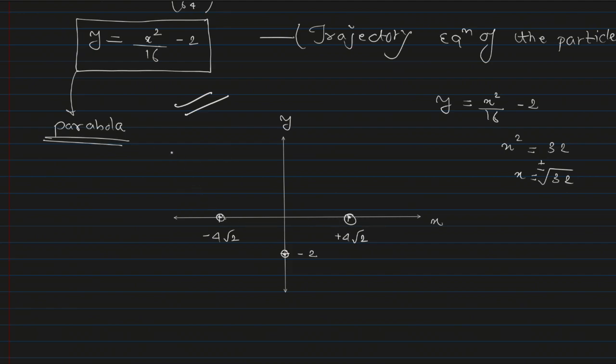And then the parabola should go like this. This is a rough sketch, not the exact sketch, but that's how the trajectory is. And this is how we finish our question. I hope it's clear.